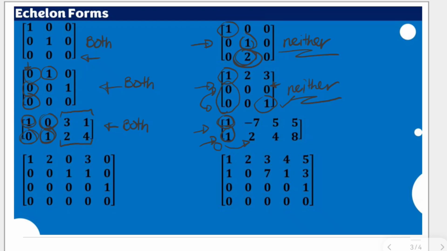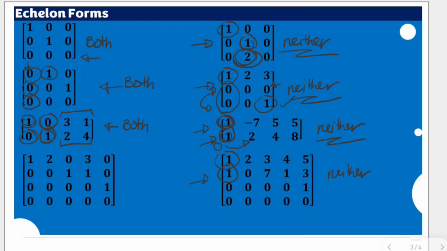But since both leading 1s are on the same column, this is neither. Now let's move to this 4 by 5 matrix, with 4 rows and 5 columns. We have a leading 1 here and also a leading 1 here. Same concern as earlier, so this is also neither.